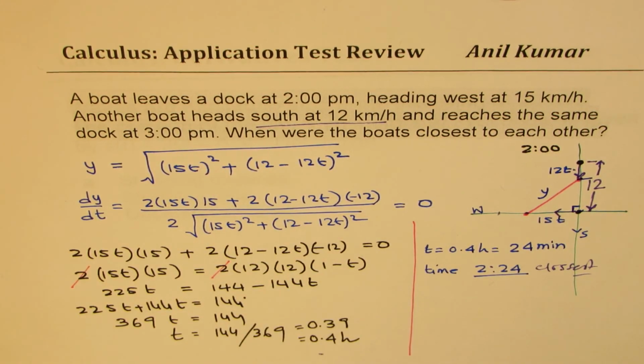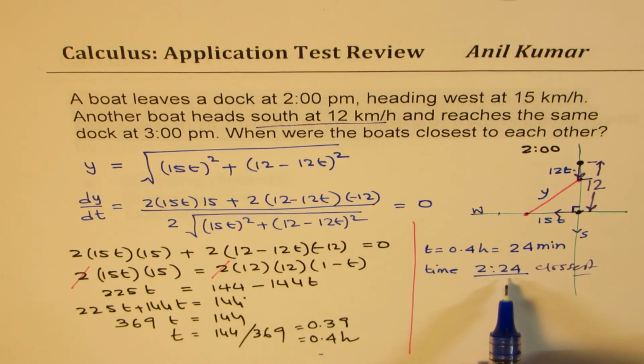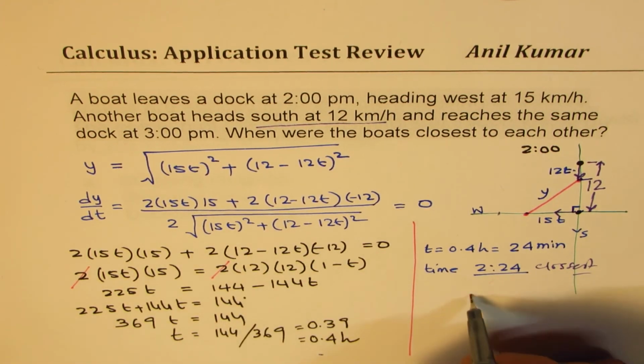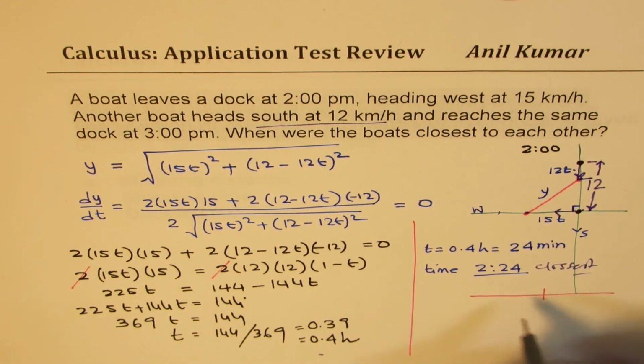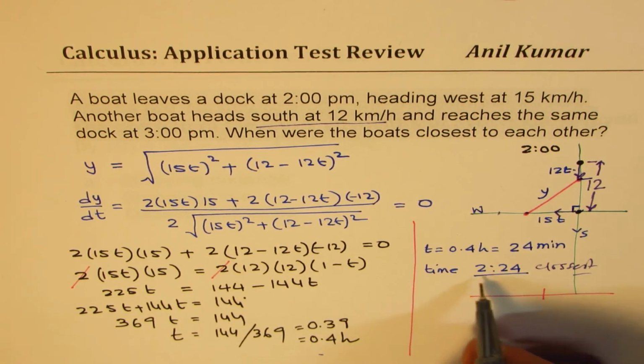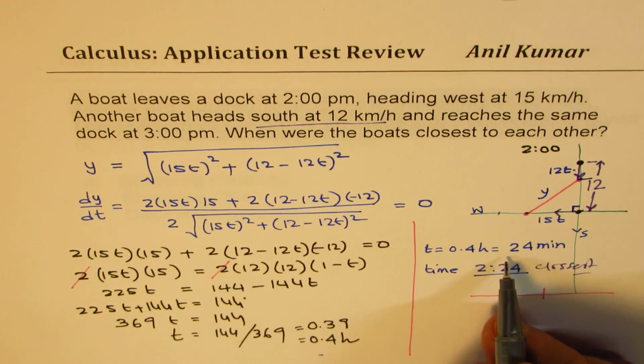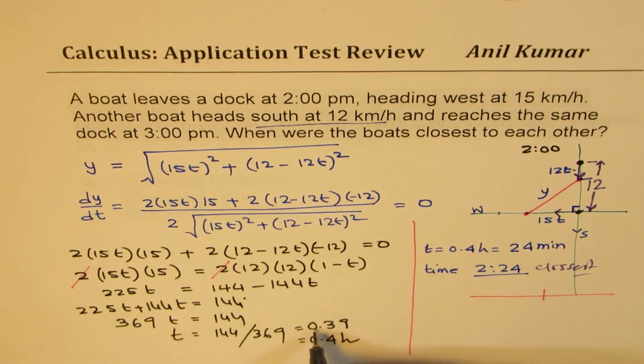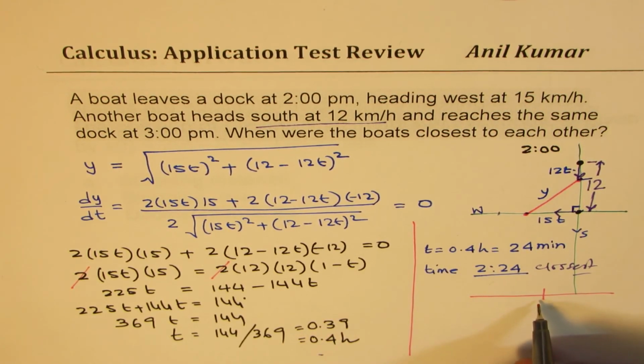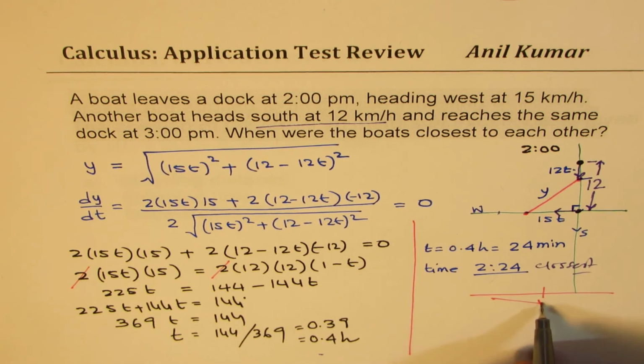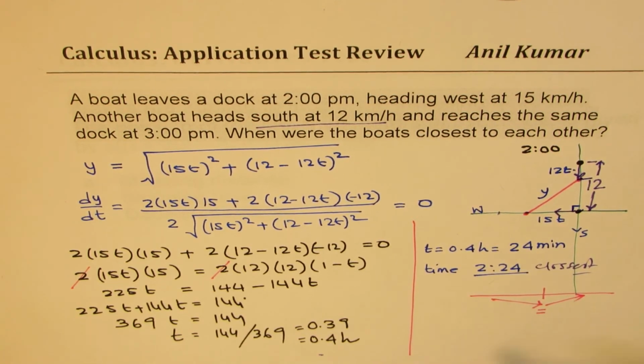And then you can actually figure this out. That is one thing. Second thing is, you could analyze your derivative and then see before this time, that is before 0.4, what is the situation? You'll find it is negative, and after this it is positive, and therefore it is a minimum.